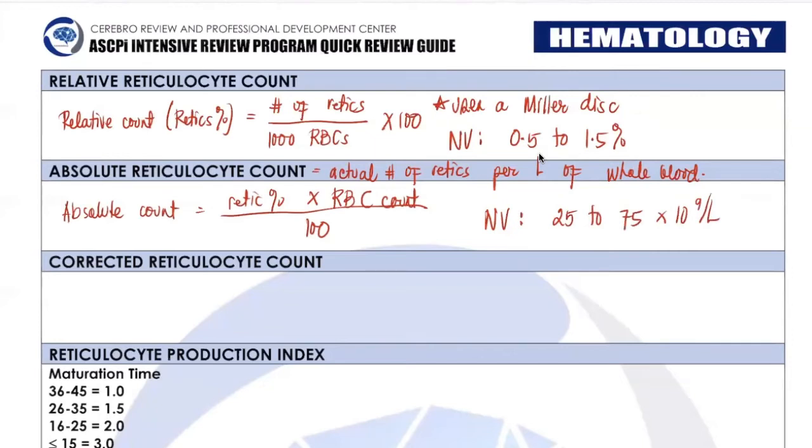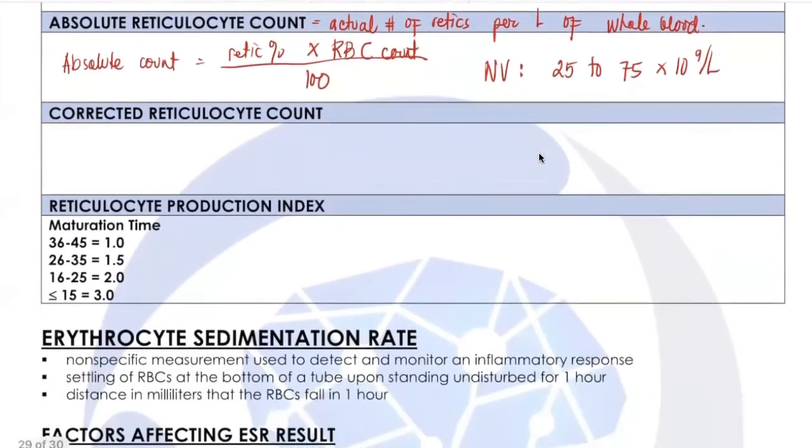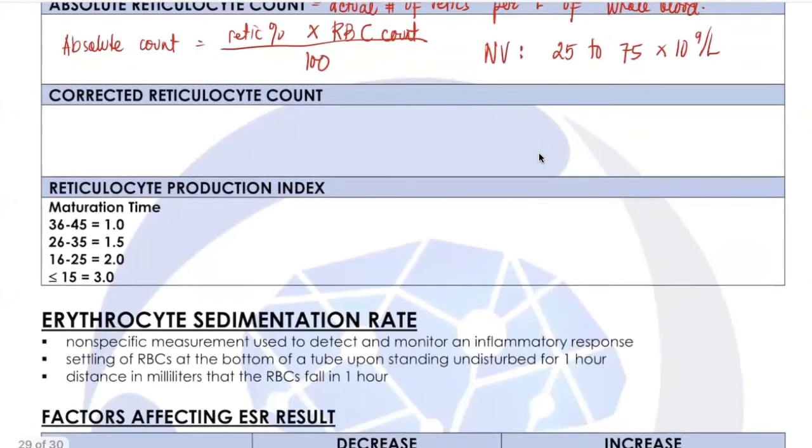Next, we also have the corrected reticulocyte count. Para saan naman yung corrected reticulocyte count? Sometimes, because of certain conditions, for example, yung hematocrit ng pasyente mababa. Remember guys that we are counting the reticulocytes relative to our red blood cells.